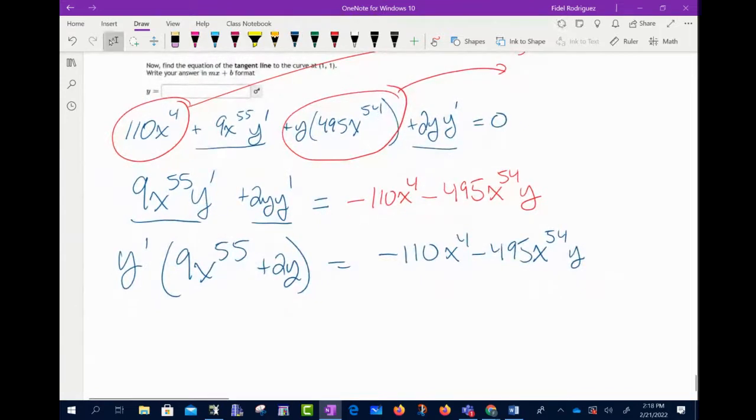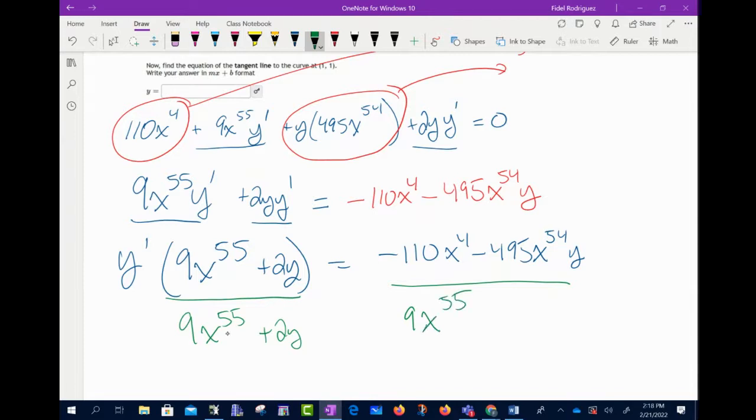And then the last step, y'all, we're going to divide by 9x to the 55th and a 2y, and a plus. I don't want to make the same mistake I made before and change the sign. It should be a plus.